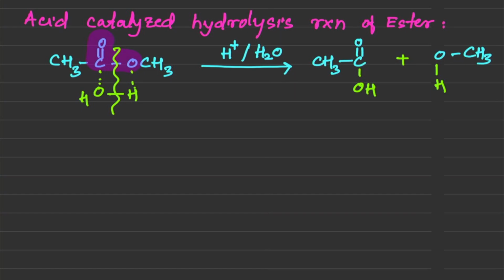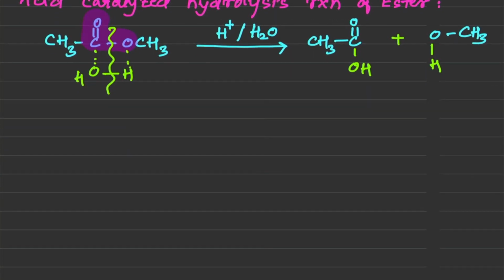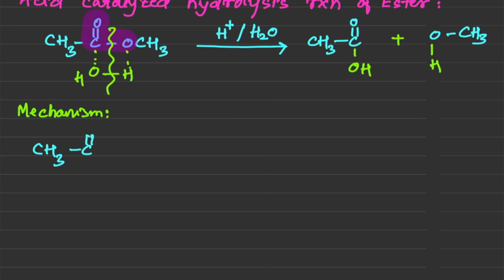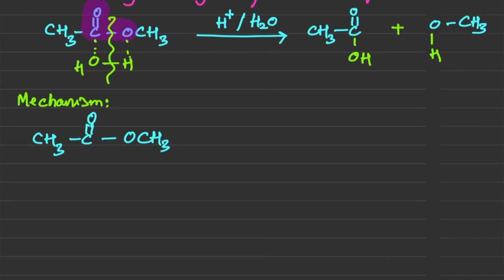So let's look at the mechanism, how the ester hydrolysis reaction happens in acid catalyzed reactions. So let's begin here. We have our CH3COOCH3, and then we have acid catalyzed water.